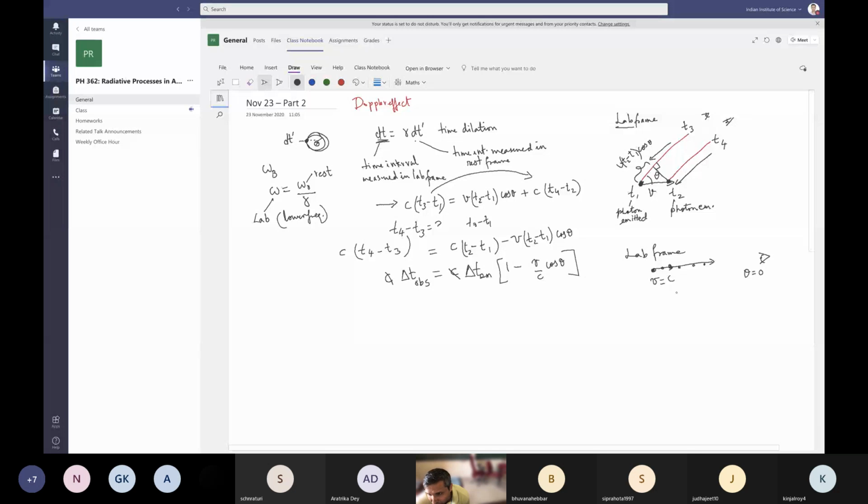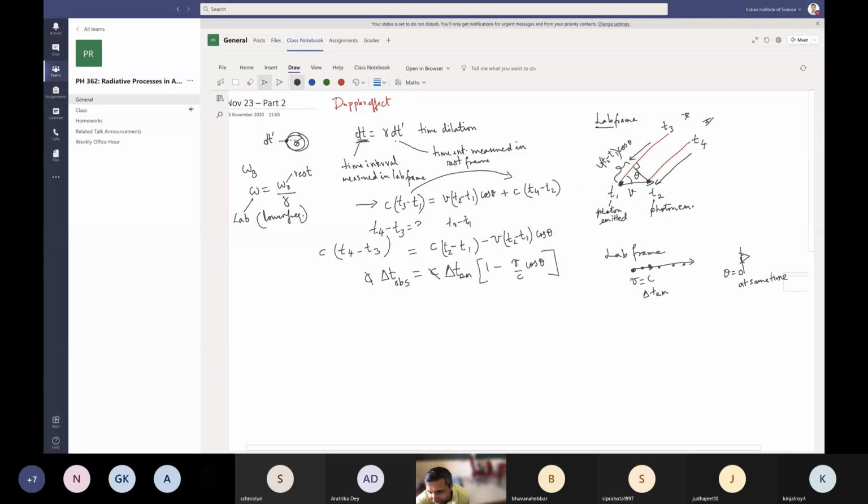So all these photons which were emitted with an interval of delta T emitted will reach the observer at the same time. Because the particle is also traveling at the same speed, and the photons are also traveling. So delta T observed will be 0, and that's what this is actually showing.